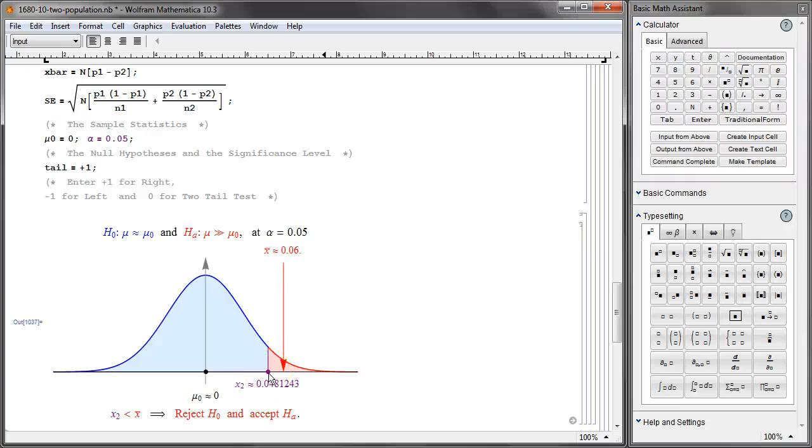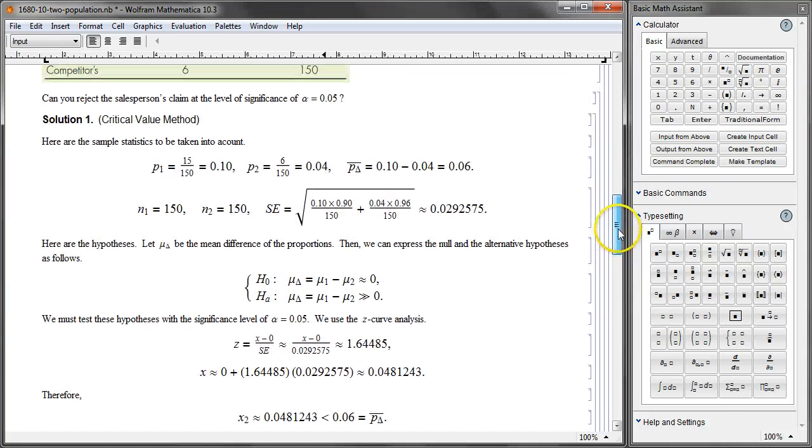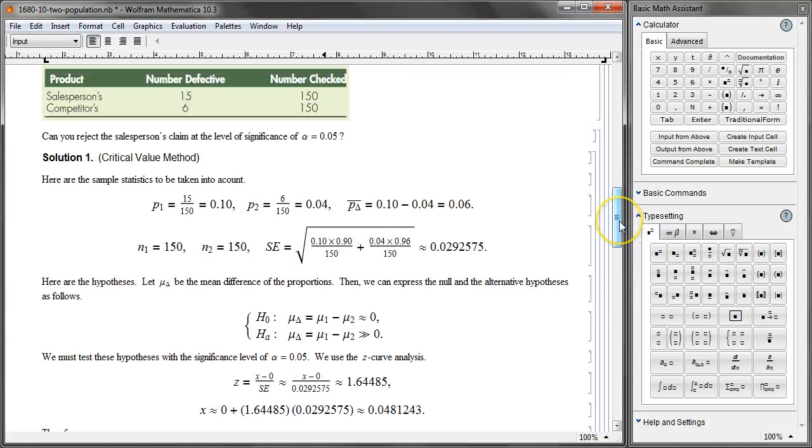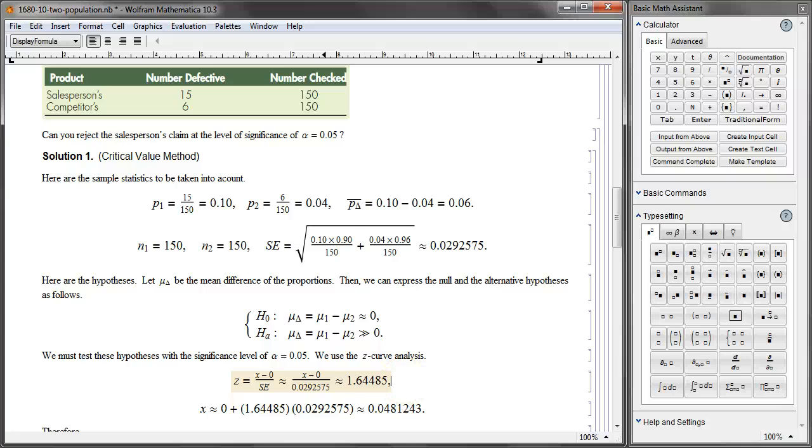How do I do that? X minus center over standard error is the score. So this x minus 0 over SE is the appropriate score. As a matter of fact, it should be a z-score, excuse me, because this is a proportion. So looking at the z-table for 0.05, you get 1.65 approximately, or here's a little bit more accurate figure using mathematical software, 1.64485.